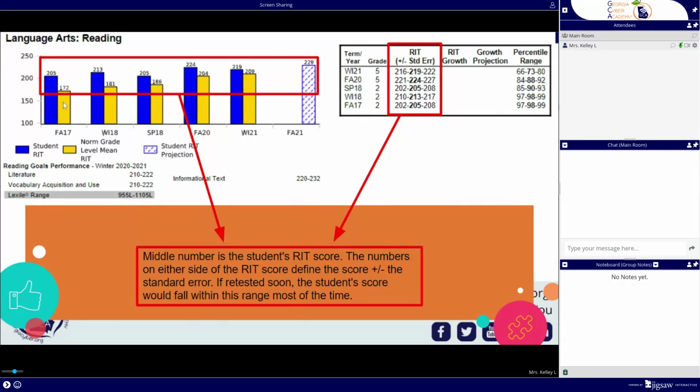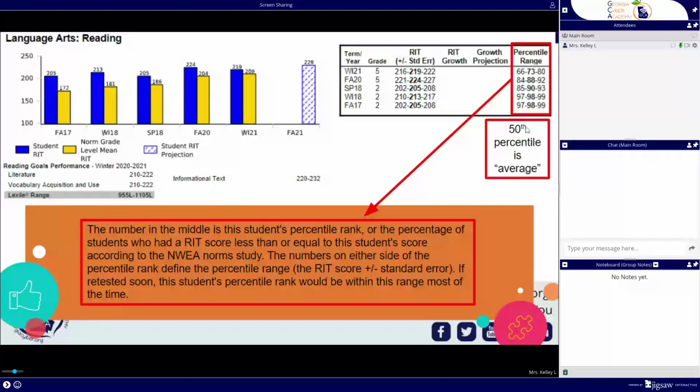And this yellow color is compared to other students of that same grade level across the United States. And again, 50th percentile is considered average. If the student is above the 50th percentile, they're considered on or above grade level.